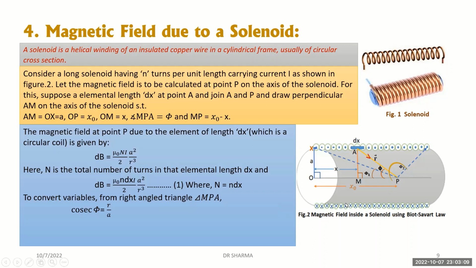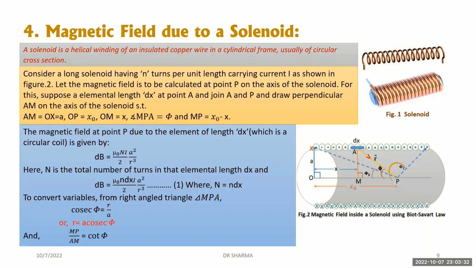That means hypotenuse upon perpendicular. This is hypotenuse, and AM is equal to a is perpendicular there. So this implies r is equal to a cos phi. r is equal to a cos phi.